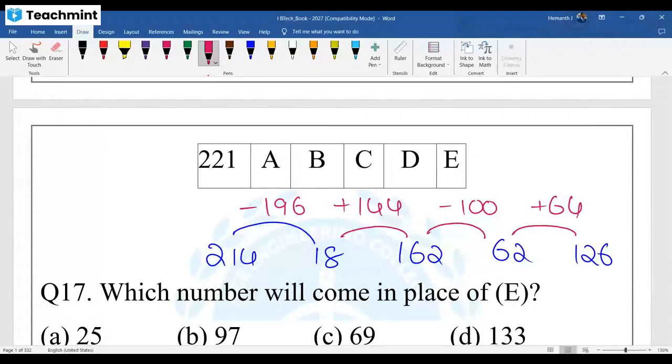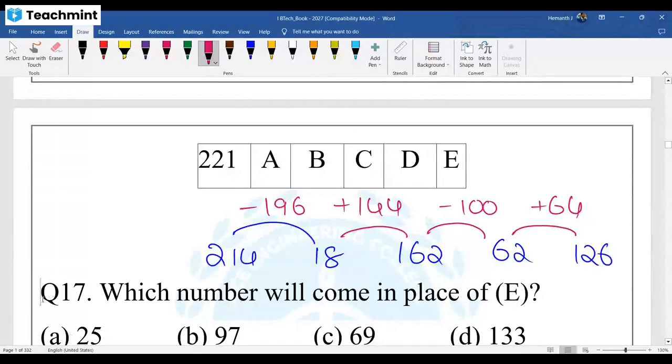Perfect squares, but alternately minus and plus: first one negative, next one positive, next one negative, next one positive. Even numbers: 14 squared, 12 squared, 10 squared, 8 squared. If you want to extend, 6 squared should come because they're giving one more here. You have to go for minus 36, correct? So if you want the E place, my dear, apply this. So you got the logic.